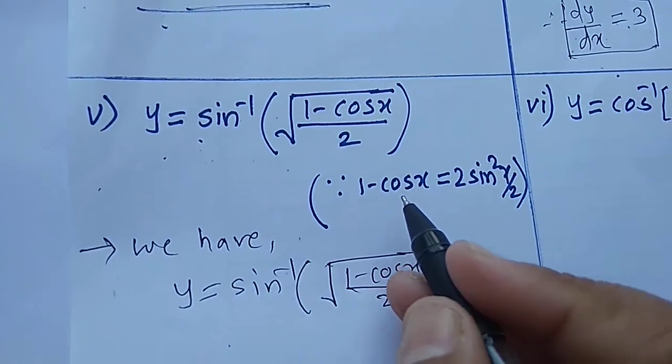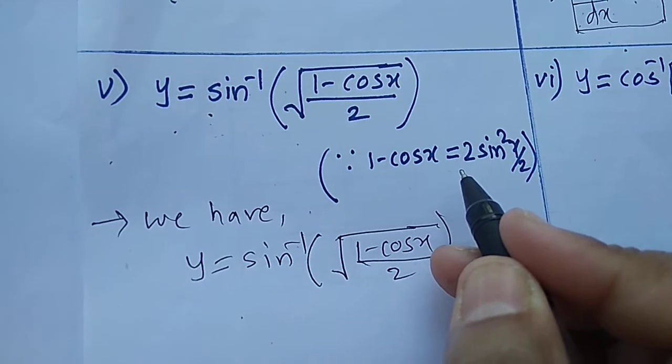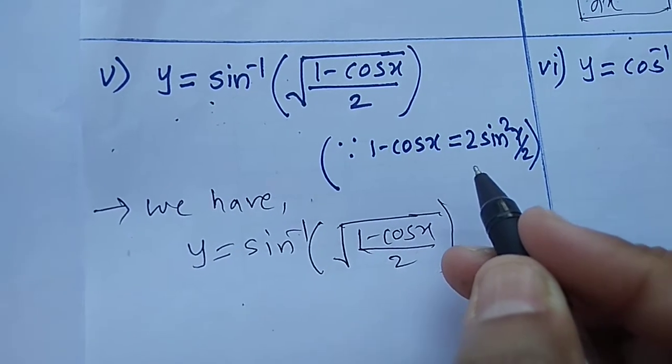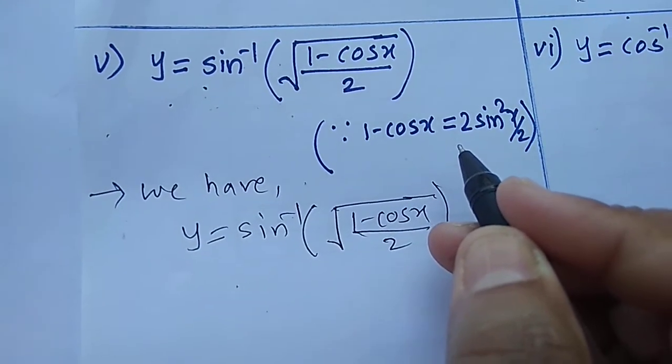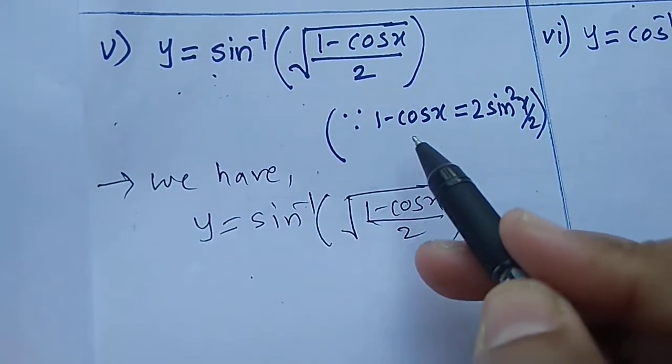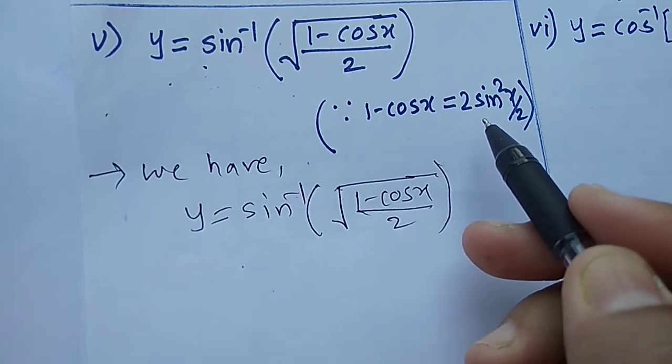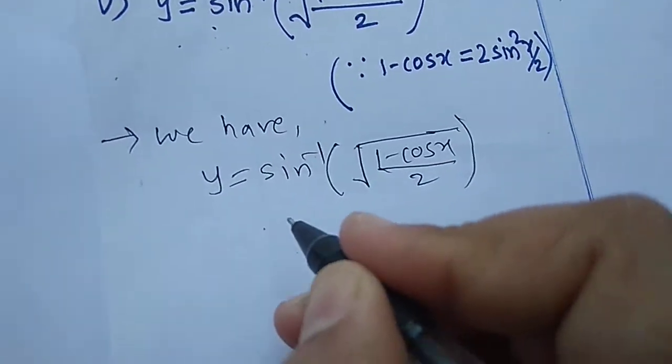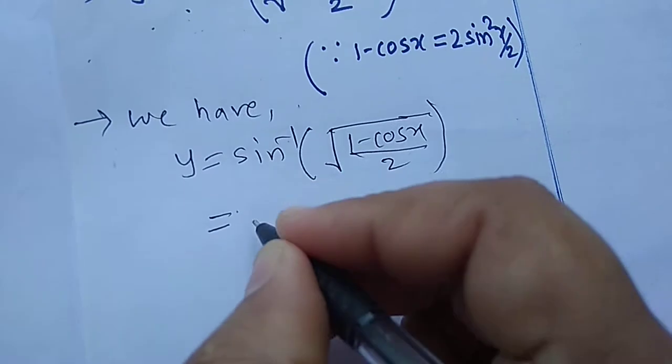But we know the formula: 1 minus cos x is equal to 2 sine square x by 2, or 1 minus cos 2x is equal to 2 sine square x. So here, for 1 minus cos x, we have to use 2 sine square x by 2.